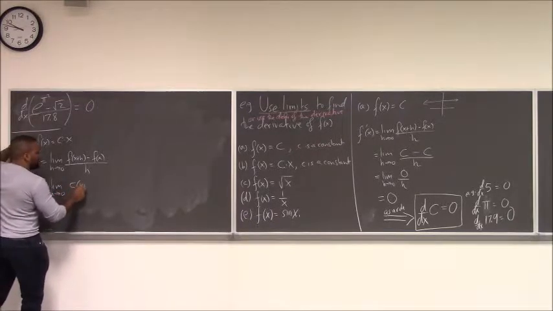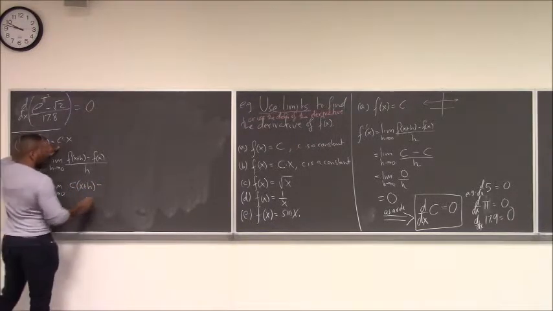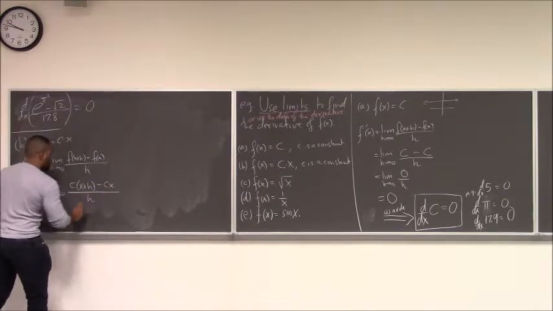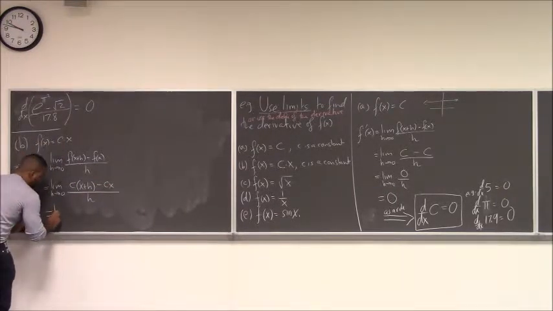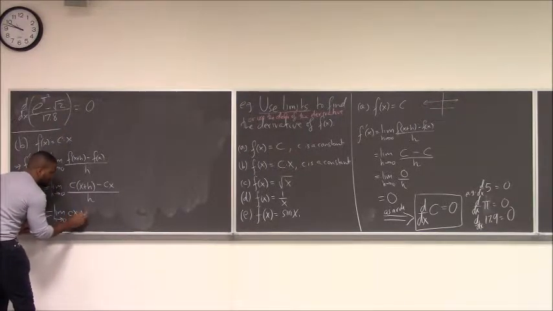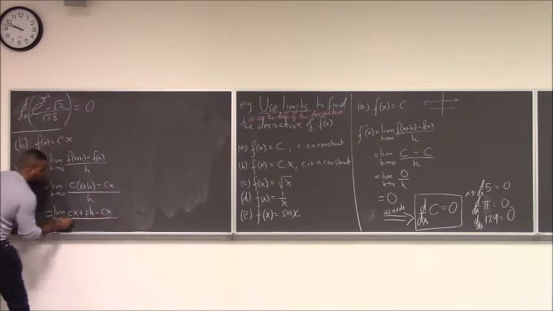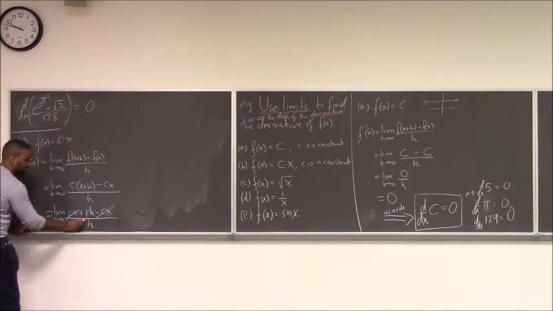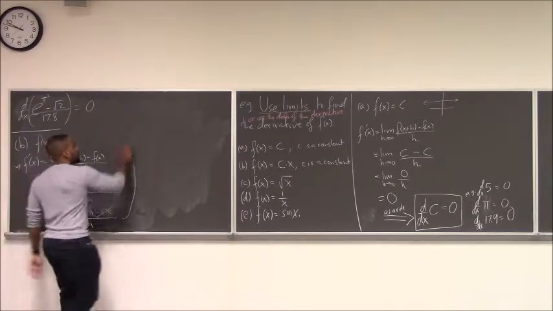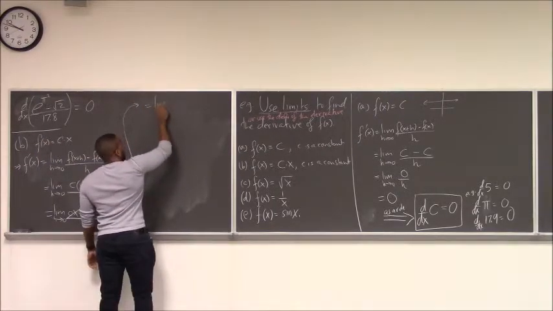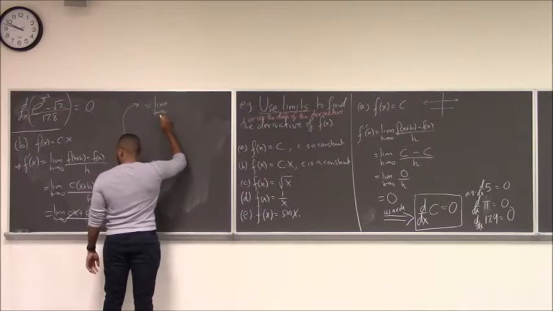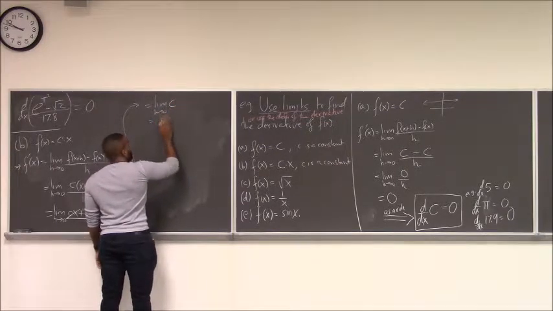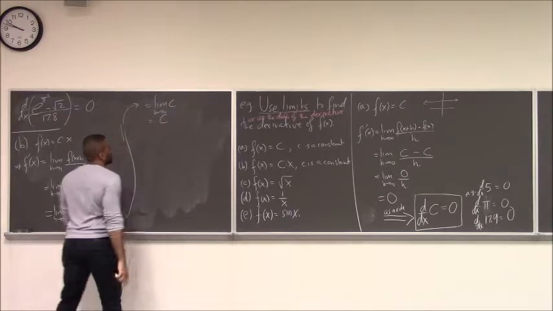C times x plus h minus cx over h. You'll realize that in the top, you can expand the parentheses. This is cx plus ch minus cx all over h. Can't cancel the h yet because of the sum, but cx minus cx go away, and then the h will cancel that h. And so this is just going to be the limit as h approaches 0 of c, which we know is going to be c, because there is no h here.